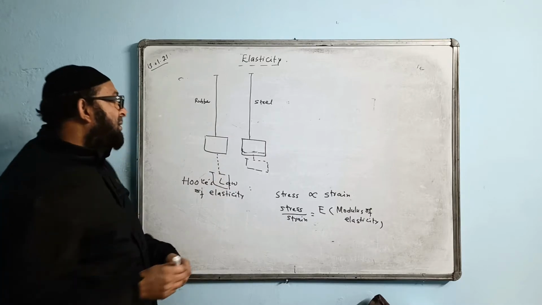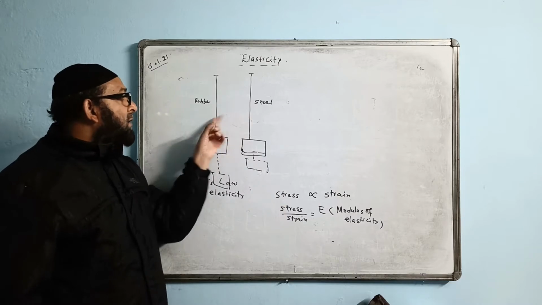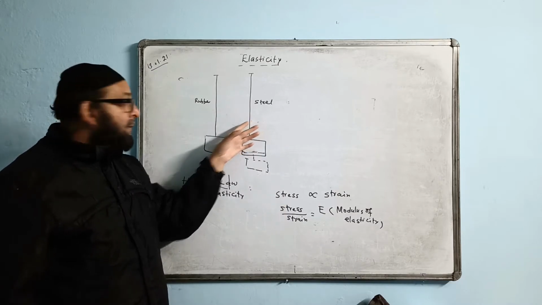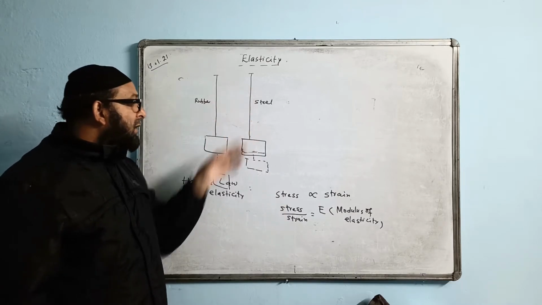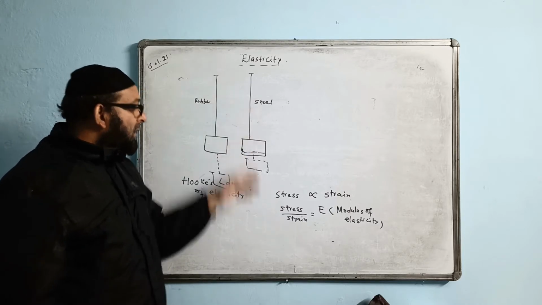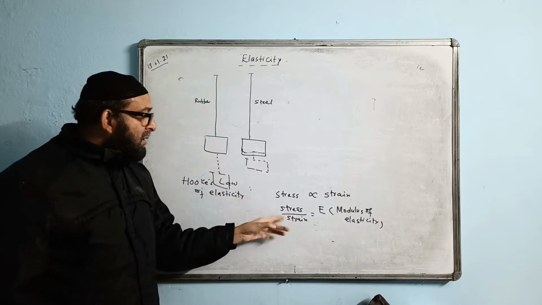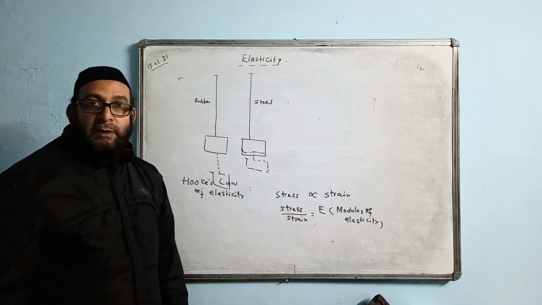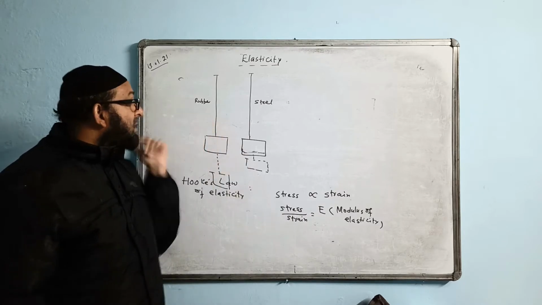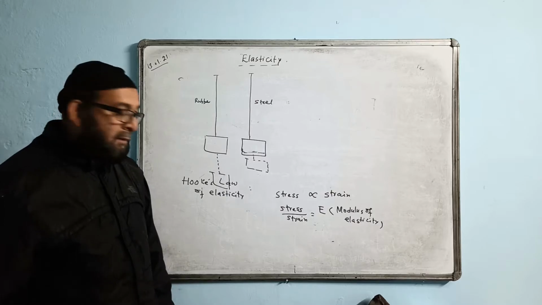So what do you see? Strain is more because we are applying the same stress, because the wire's area of cross section is the same and the initial length is the same. Then for the same stress in both the rubber and steel, strain value is more in which case? In case of rubber. When the strain is more, the elasticity is less. That means the rubber is less elastic, or in other words, steel is more elastic.